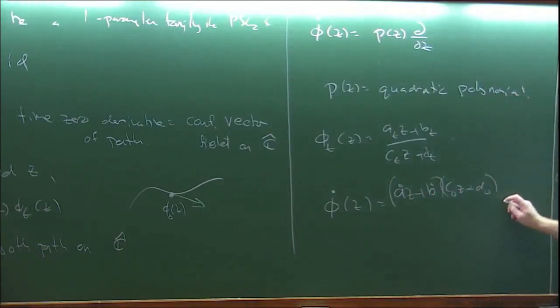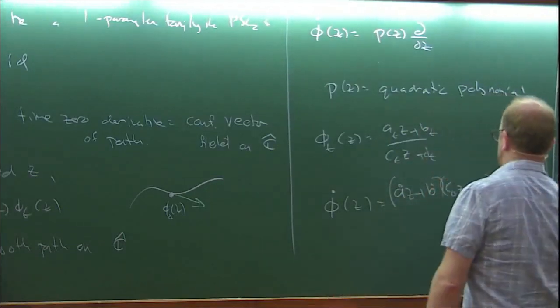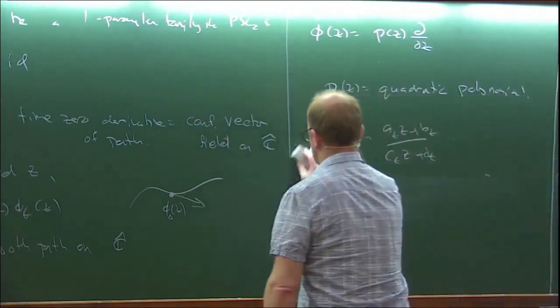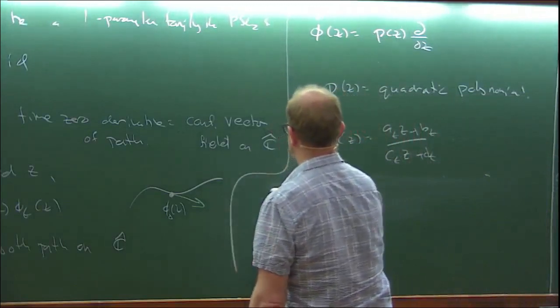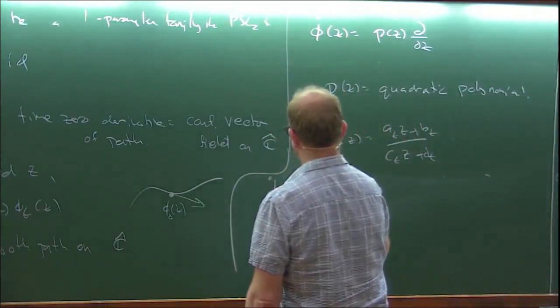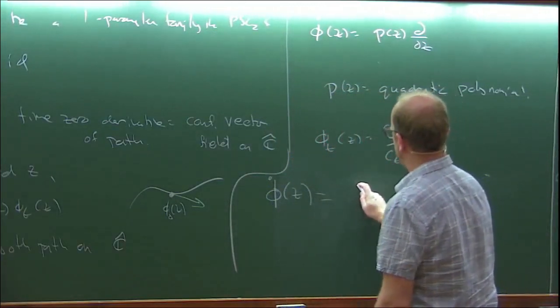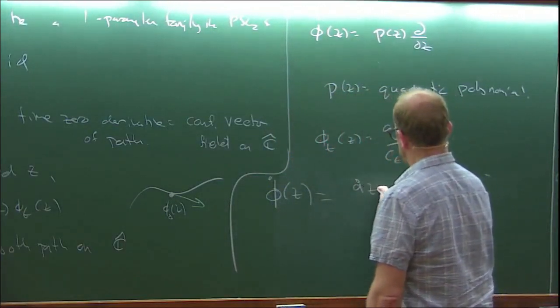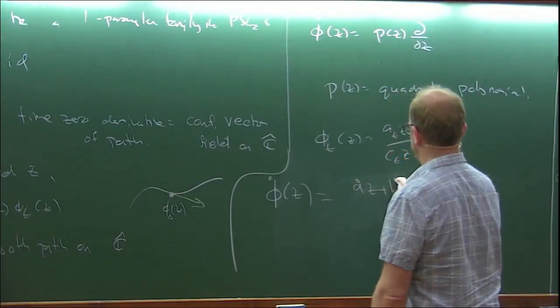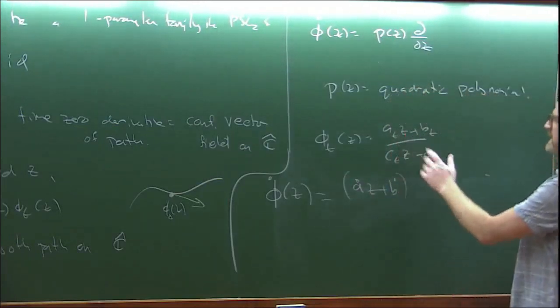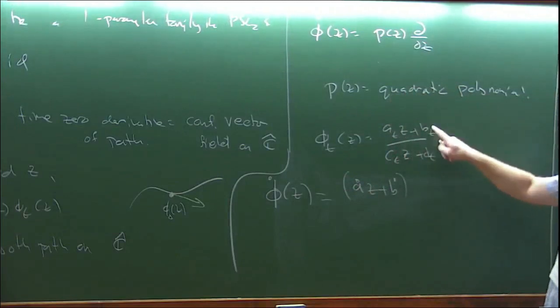I'm going to, unfortunately, hit this line that we cross. Okay, try to squeeze this in. Okay, so maybe I'll just write it down and let you check. So what you get when you do this, you just use the quotient rule. Nothing fancy is going on here. And you use the fact that at time 0, A and D are 1, and B and C are 0.